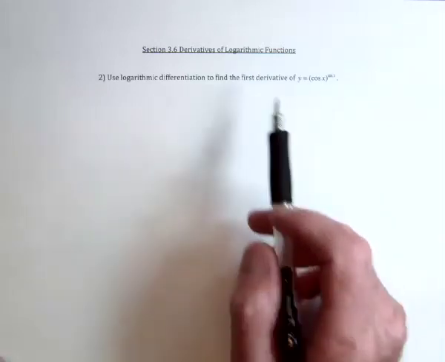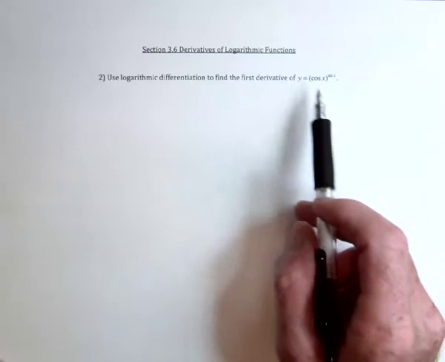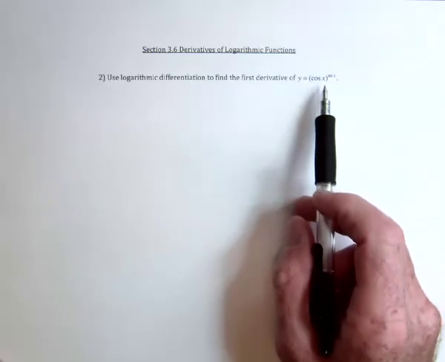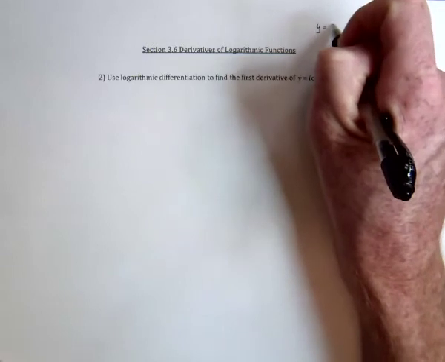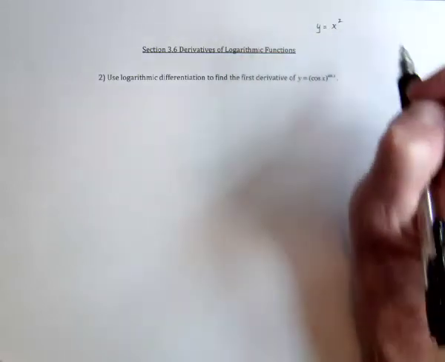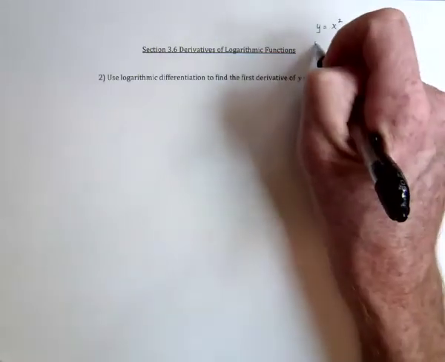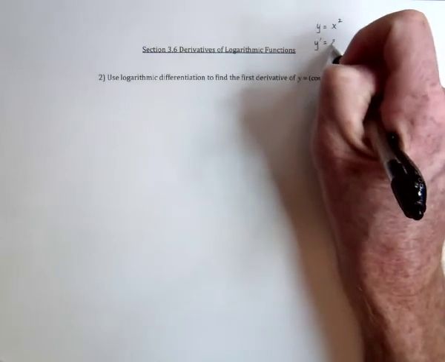So you may look at this and say, why are we going to be using logarithms? There's no logarithm in this problem. Well, if we have a function where it's a variable raised to a constant, then we can take the derivative by using the general power rule.